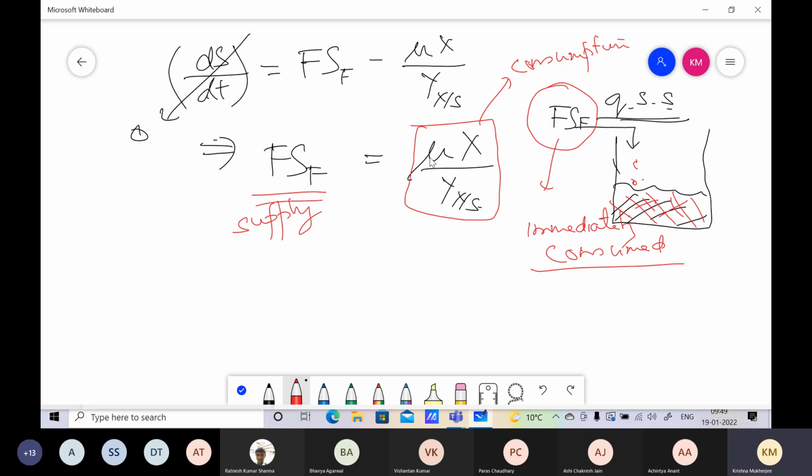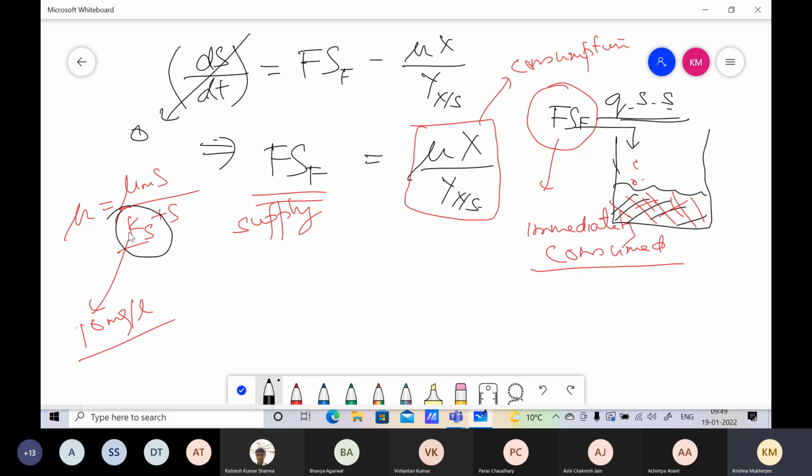Cells are very efficient utilizers of substrate, by the way, as is evidenced by the fact that when you write mu is equal to mu max S upon Ks plus S, these Ks values are very, very small. For E. coli, they are of the order of a few milligrams, 10 milligrams per liter. At such low values, the mu falls only to half the value. These low values of Ks are proof that they are very good scavengers of substrate. Right.